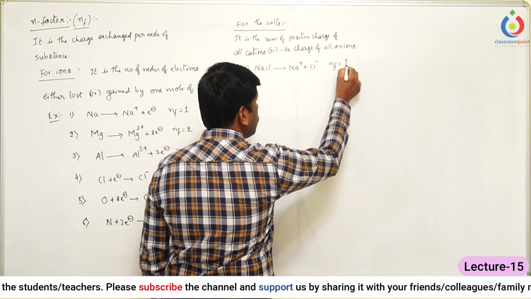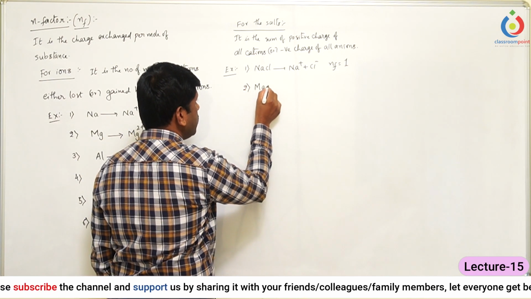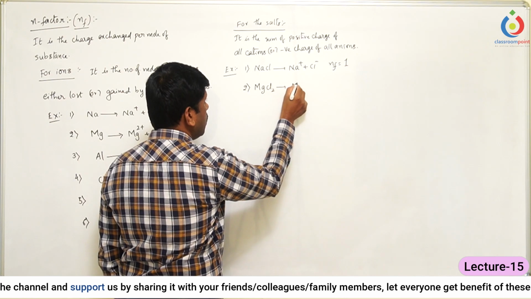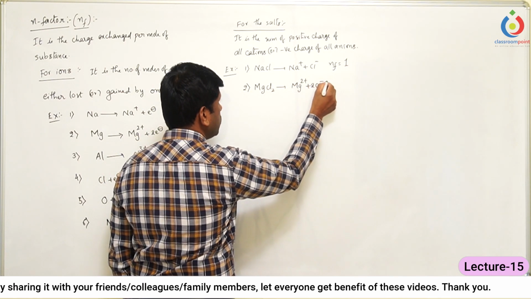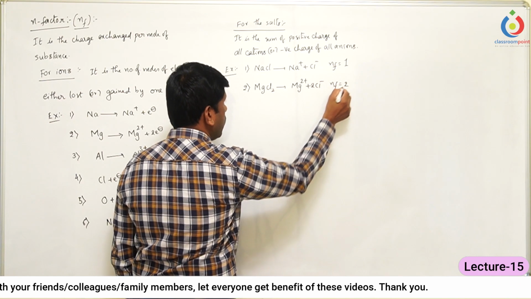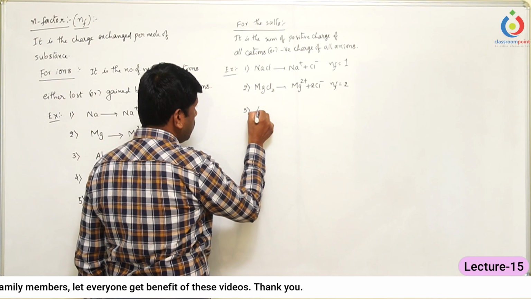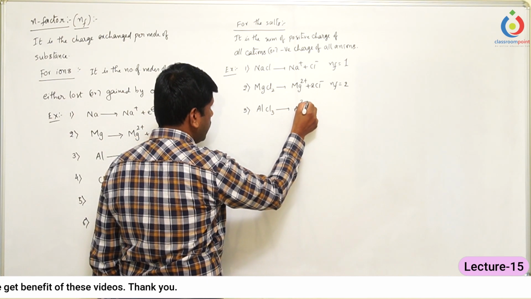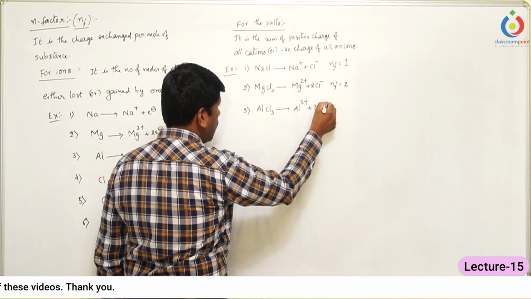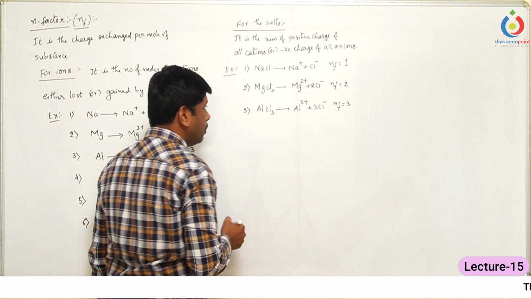So the N factor is equal to 1. And take magnesium chloride, MgCl2. It gives Mg2+ and 2 Cl- ions. So the N factor is equal to 2. Next one, AlCl3 dissociates to give Al3+ ions and 3 Cl- ions. The N factor is equal to 3.